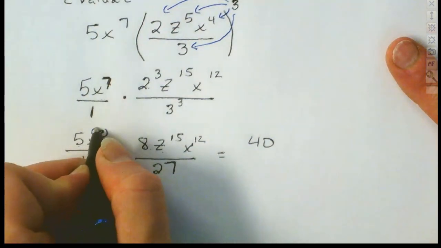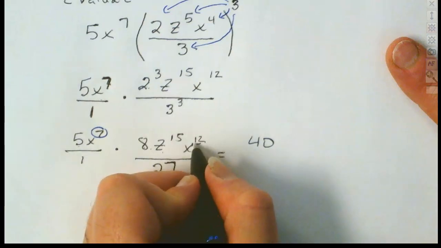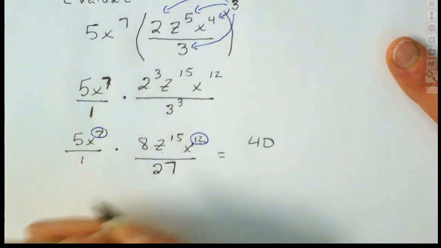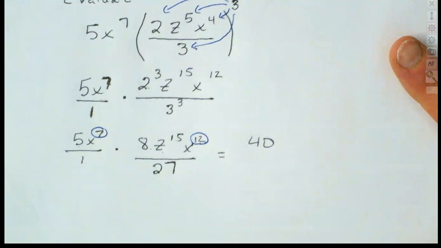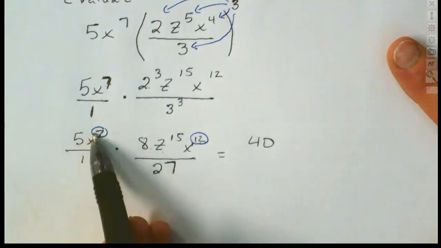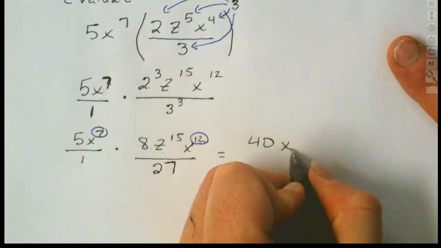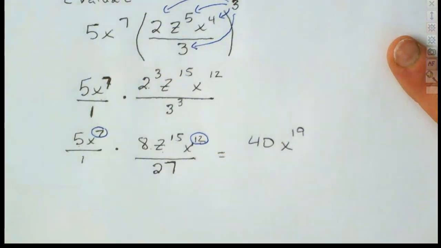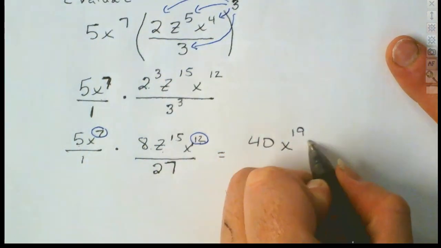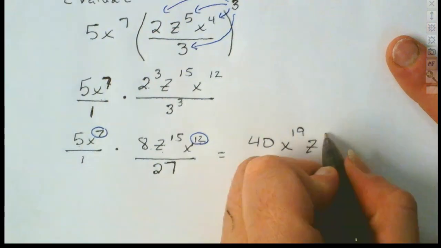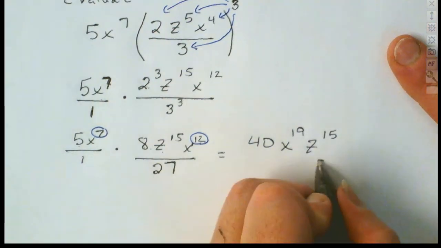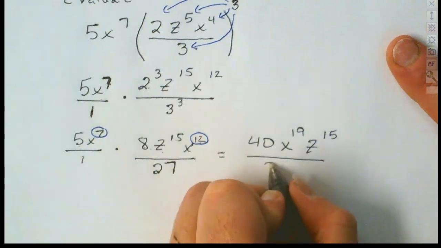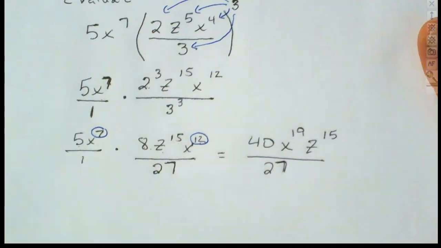So we have an x to the 7th and an x to the 12th. Now, do we have parentheses? No. So these exponents are not going to multiply, they're going to add together. So 7 plus 12, that makes it x to the 19th power. And then we still have a z to the 15th power left there. And then what's down below? 27. So that is your final finished answer.